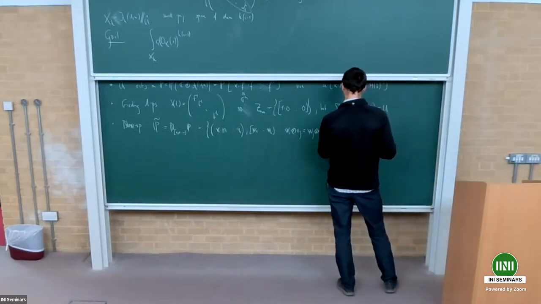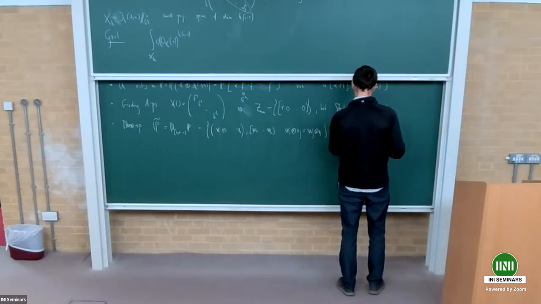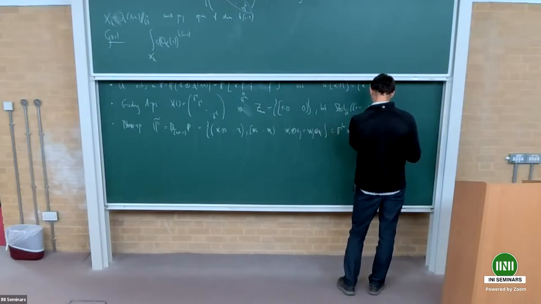So that sits in P to the kn times P to the kn minus 1.